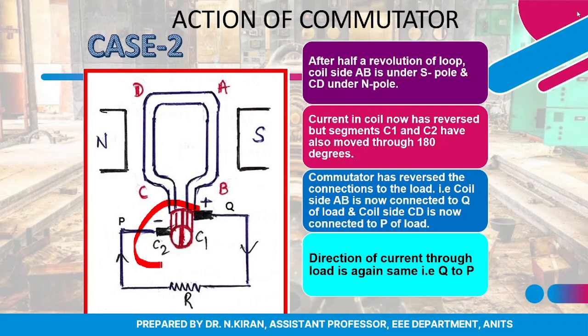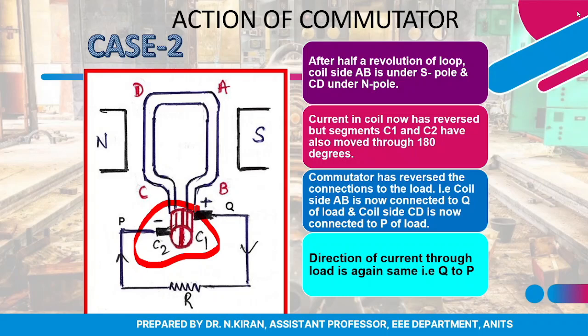So due to this commutator rotation, the current direction will not change. Even though the current has reversed, along with the coil, the commutator segments have also gone through 180 degrees. So the commutator has reversed the connection of the load.